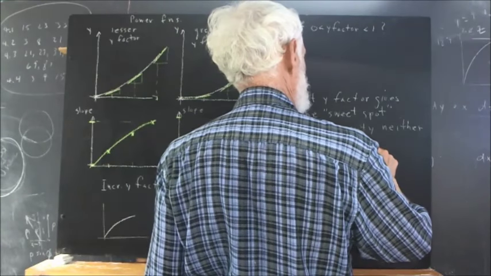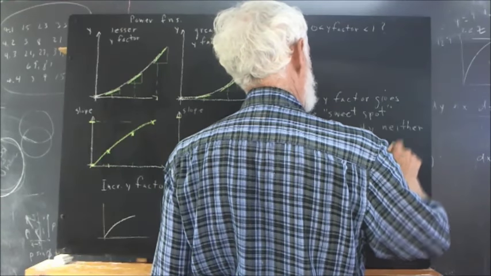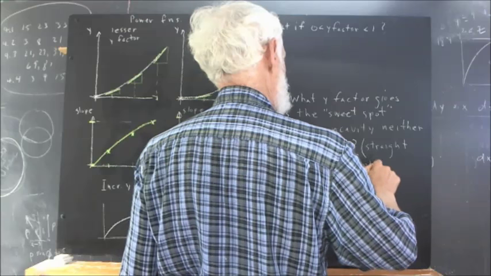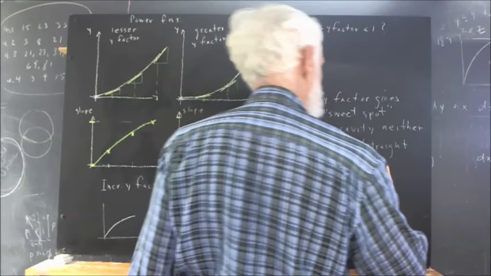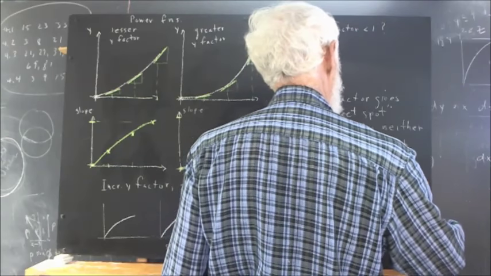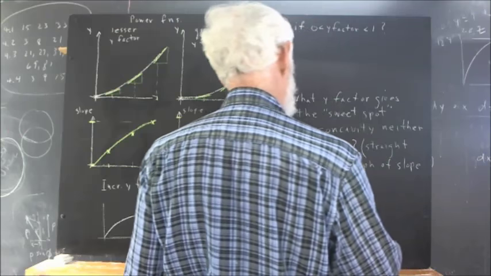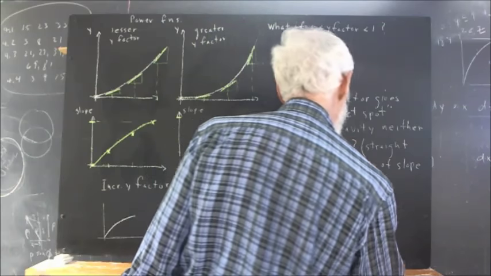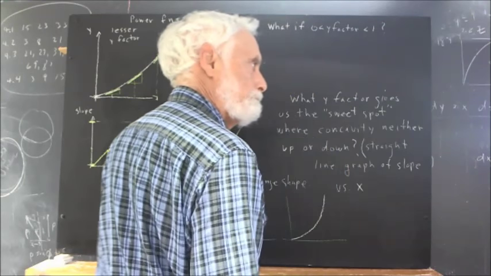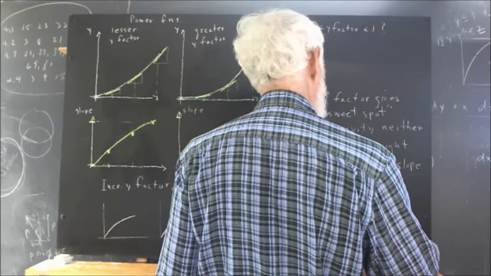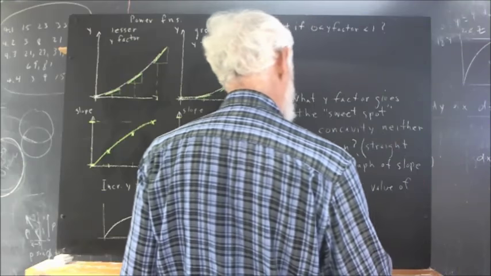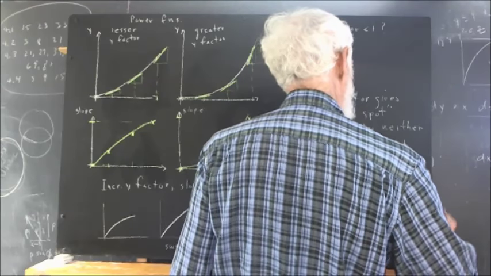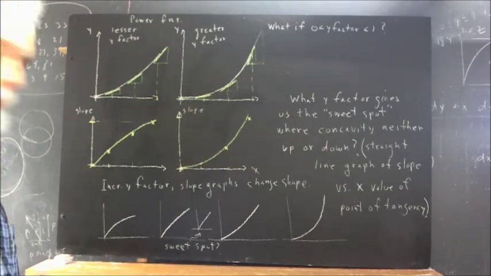And that would be a straight line graph of slope versus x, and say completely versus the x value of the point of tangency, because those are the graphs that I've indicated here.